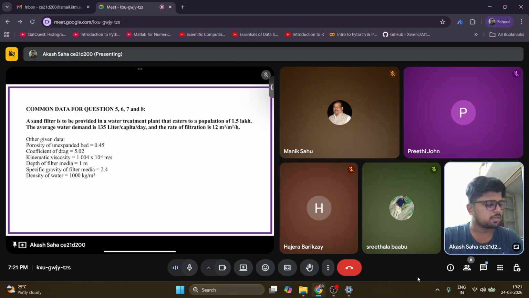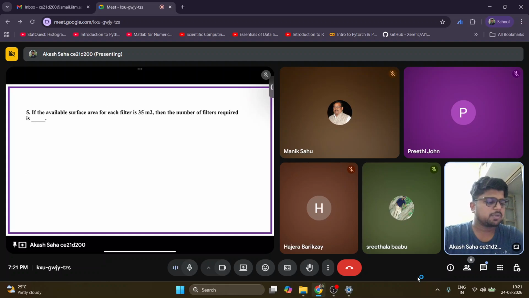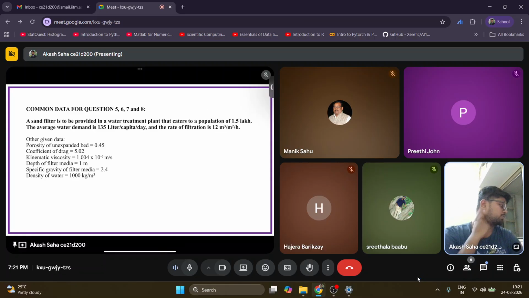We will see the first problem. The first problem says if the available surface area of each filter is 35 meters square, then the number of filters required is. Okay, surface area of each filter is given, the number of filters they are asking. Okay, I will go back to the common data.